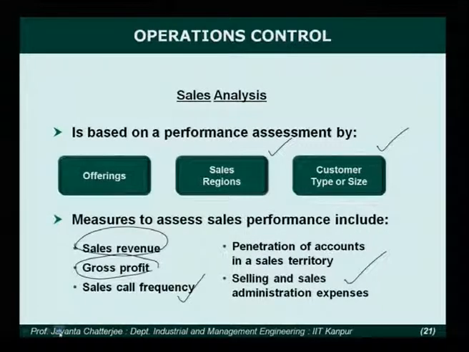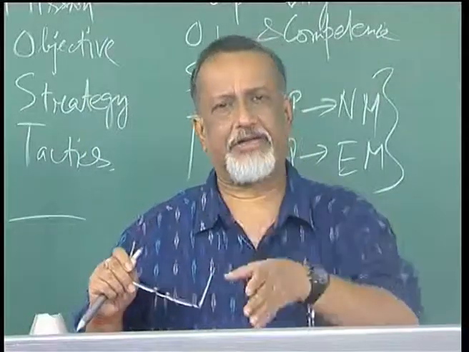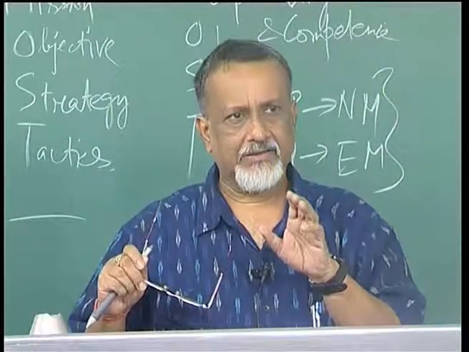Now this type of performance analysis is done by way of performance in different regions, for different types of marketing channels, or by a particular customer group in a particular market segment.